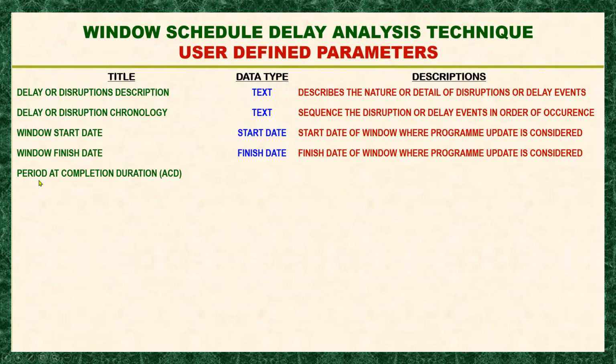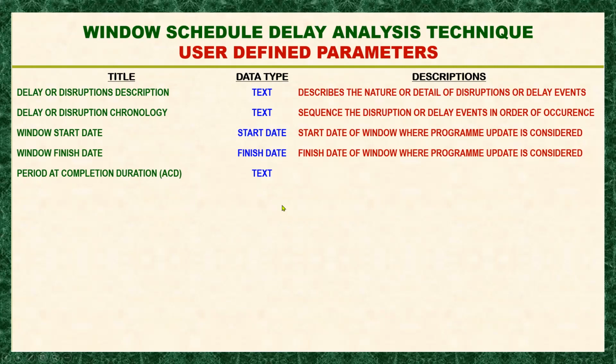Okay, next is the period at completion duration. We will be using text here. Actually, this period at completion duration should be a number, but we put it here as text because it is not proper that it will be summarized on our schedule.